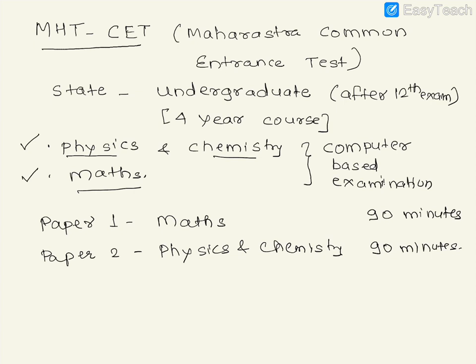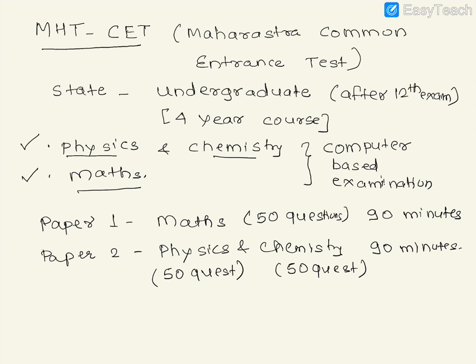So mathematics has got 50 questions, then physics has got 50 questions, and chemistry has got 50 questions. Okay, so in all, the number of questions to be attempted is 150.